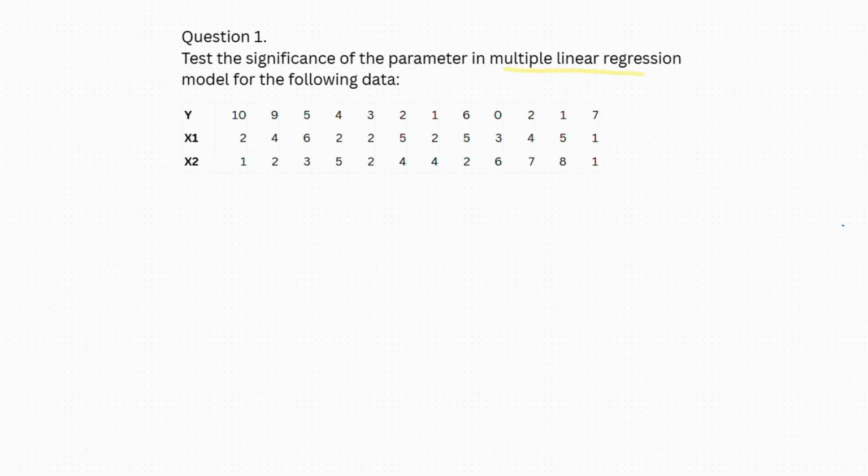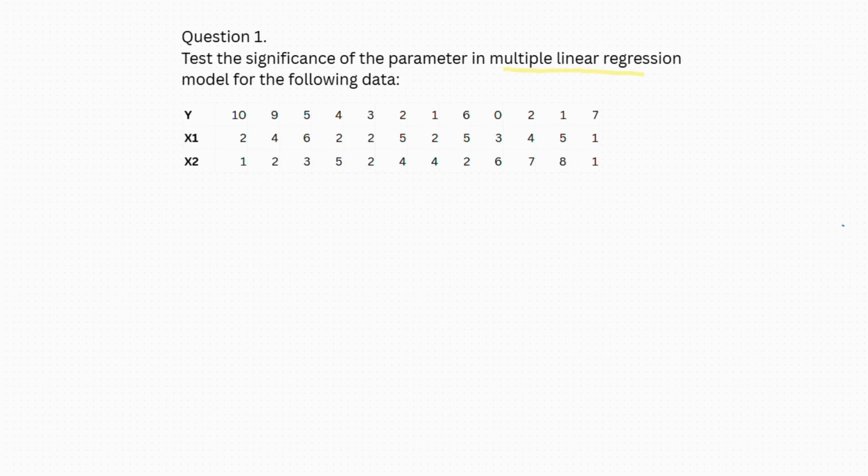So we have to find the MLR equation in this question and then test its significance. The process is the same as the first question which we discussed earlier to find the MLR equation. So let's go ahead with the process.